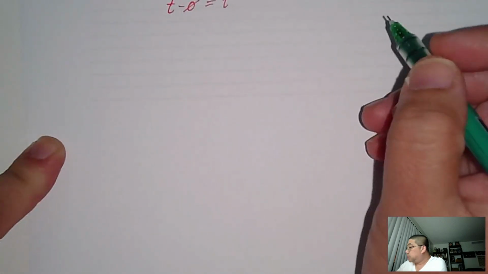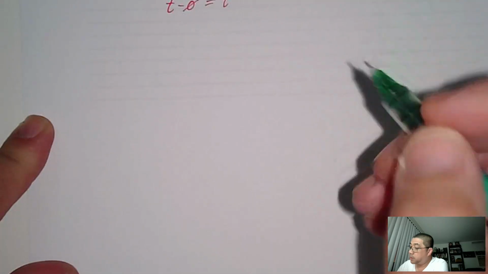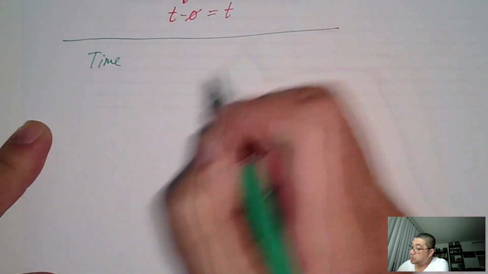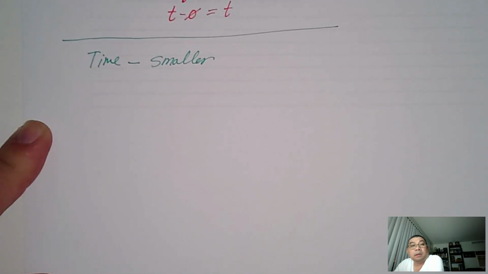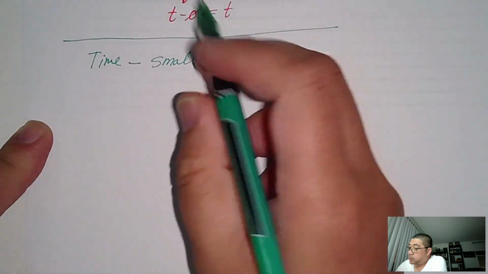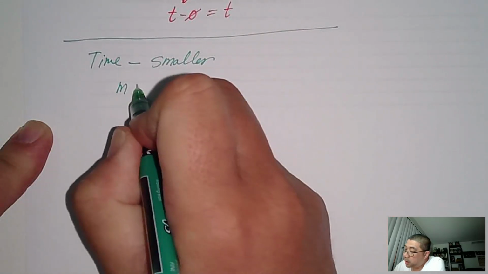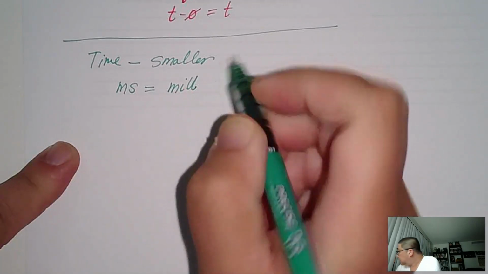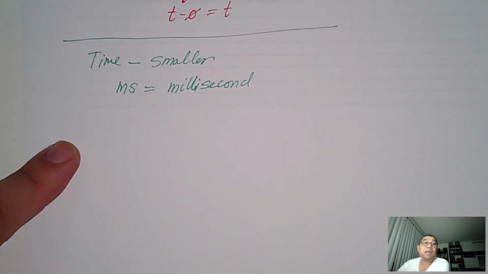If we're talking about a smaller unit of time, then we will discuss what we call ms, which is also known as millisecond. So millisecond, it's smaller.